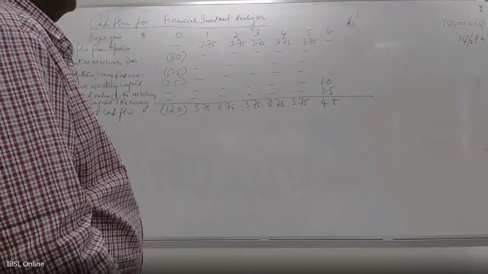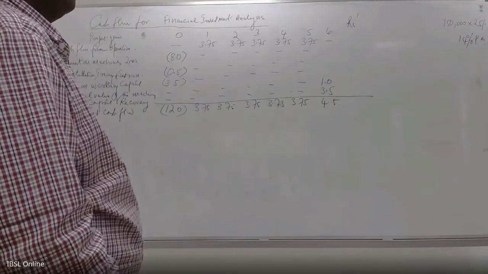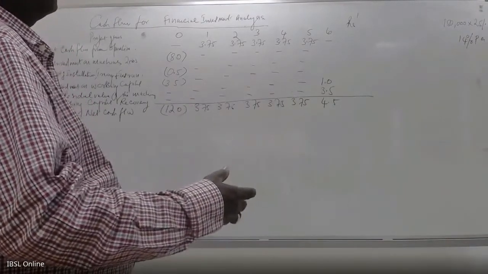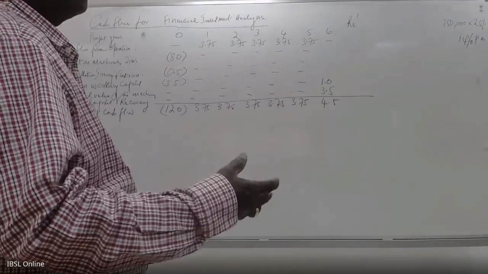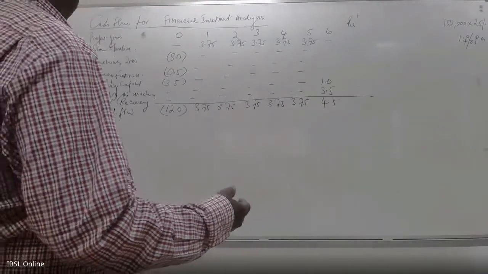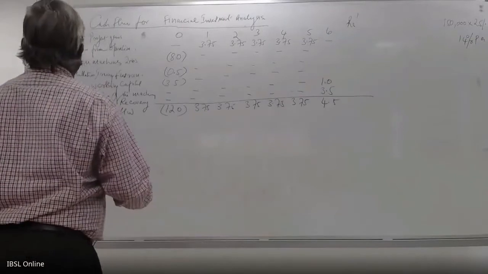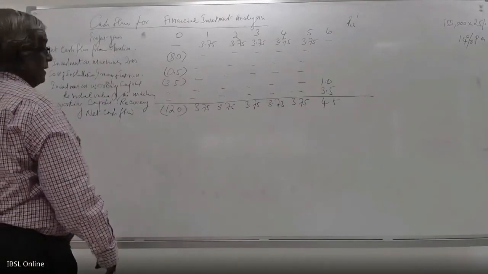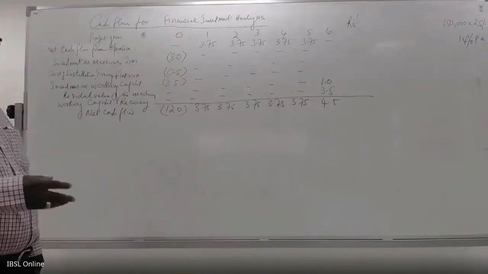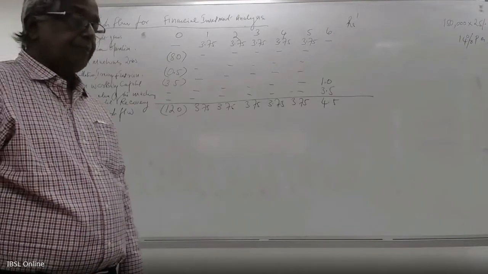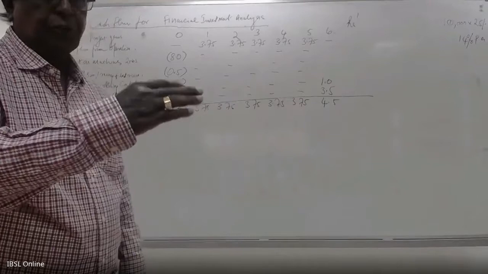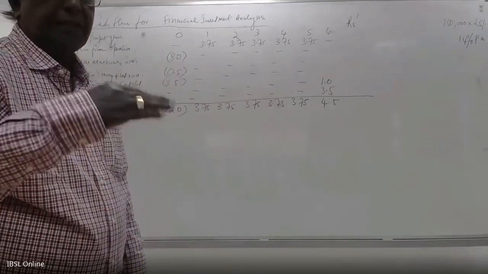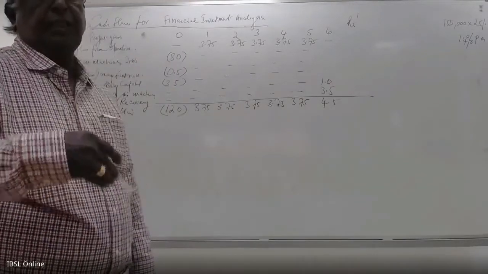Then they have the installation of the machine. They are spending money on installation, and then training the people on the new machine. They have to train the people, and then do a test run for at least about 2 or 3 weeks. They must test whether the machine is working properly.